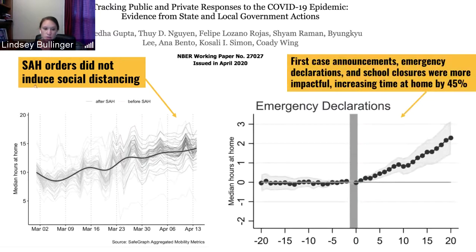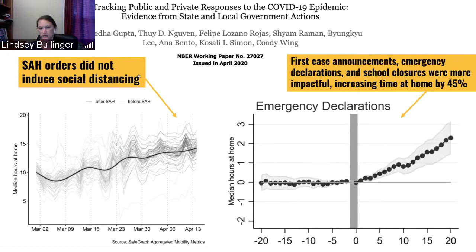Instead of the stay-at-home orders being effective, it turns out that first case announcements, emergency declarations, and school closures were far more impactful at increasing time that people or devices spent at home.